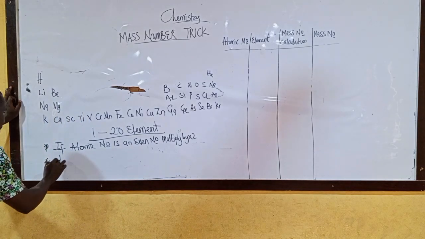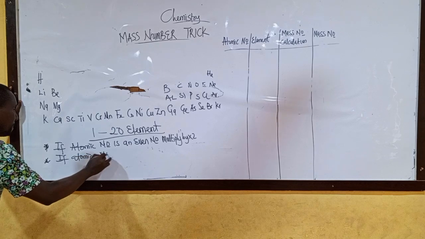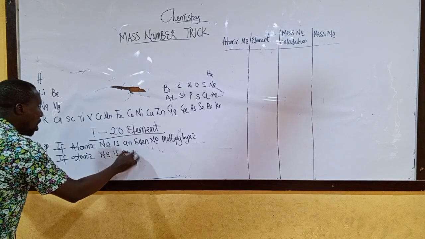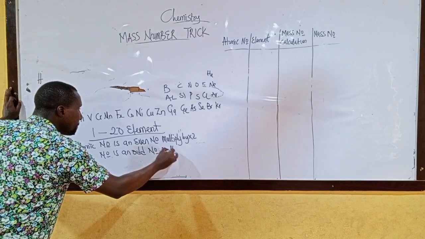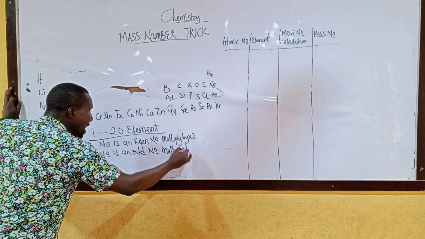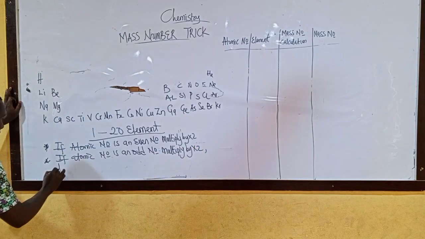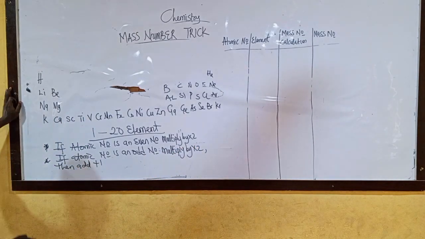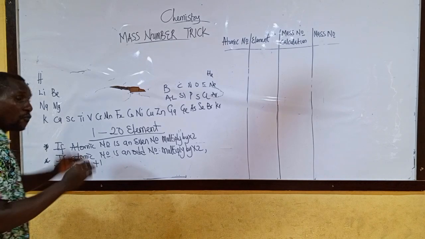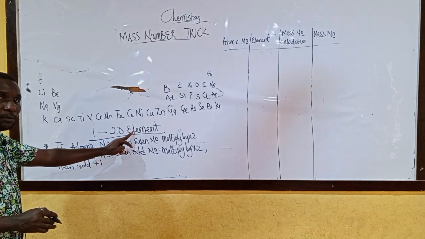The next rule: if the atomic number is an odd number, multiply that atomic number by 2, then add 1. But this rule is not working for 4 elements between atomic number 1 to 20 in the periodic table.